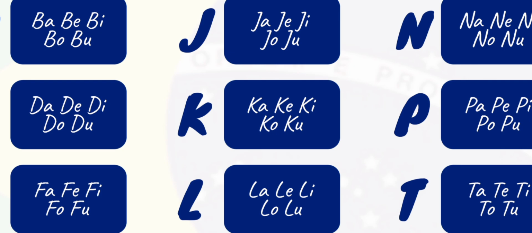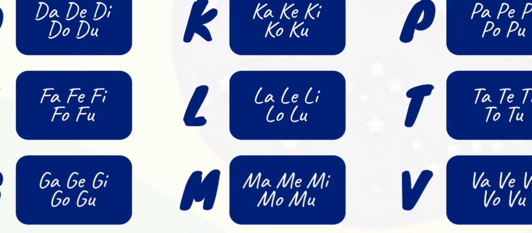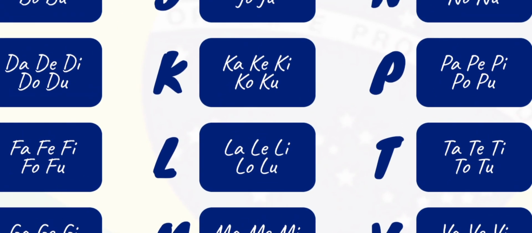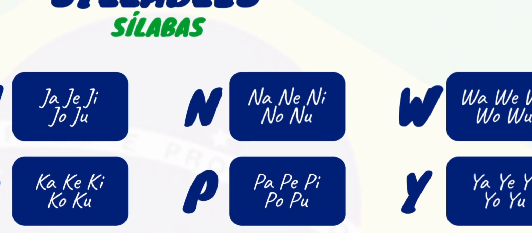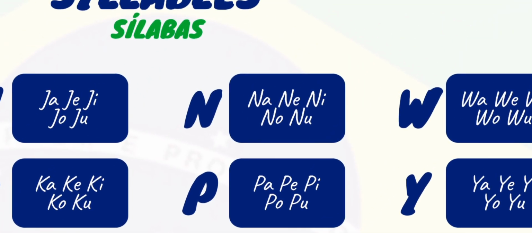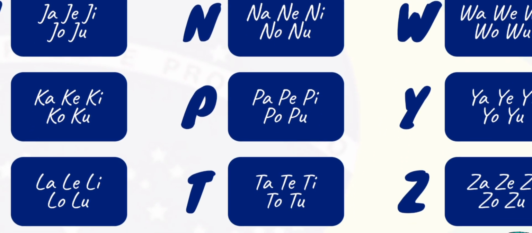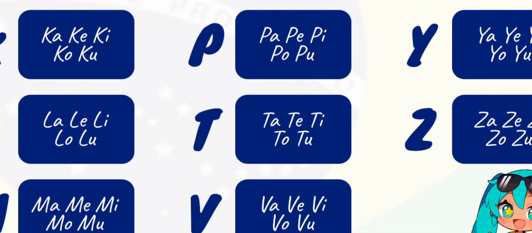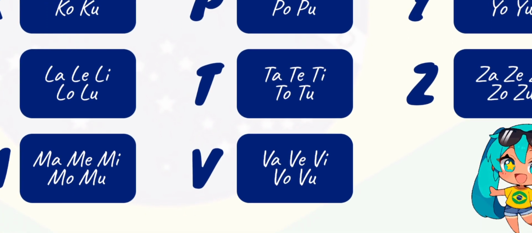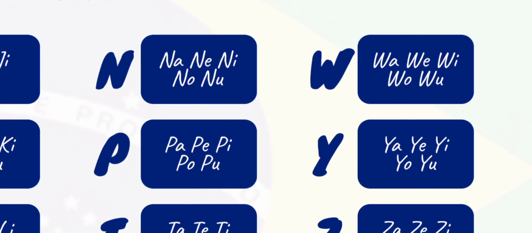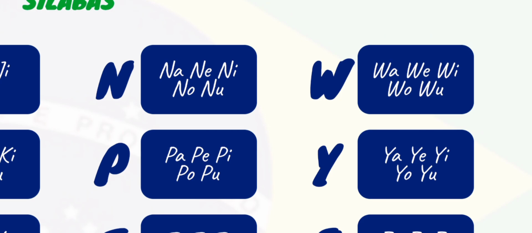K: ka, ke, ki, ko, ku. L: la, le, li, lo, lu. M: ma, me, mi, mo, mu. N: na, ne, ni, no, nu. P: pa, pe, pi, po, pu. T: ta, te, ti, to, tu. V: va, ve, vi, vo, vu. W: wa, we, wi, wo, wu.